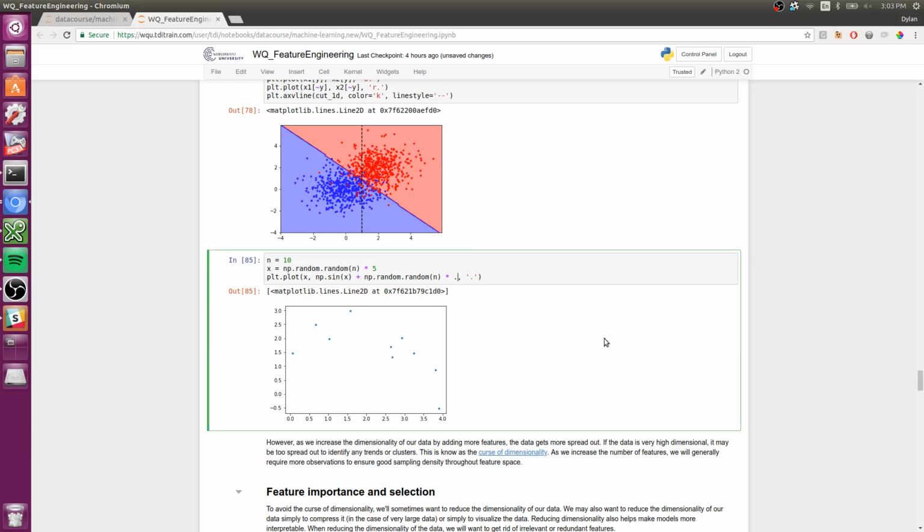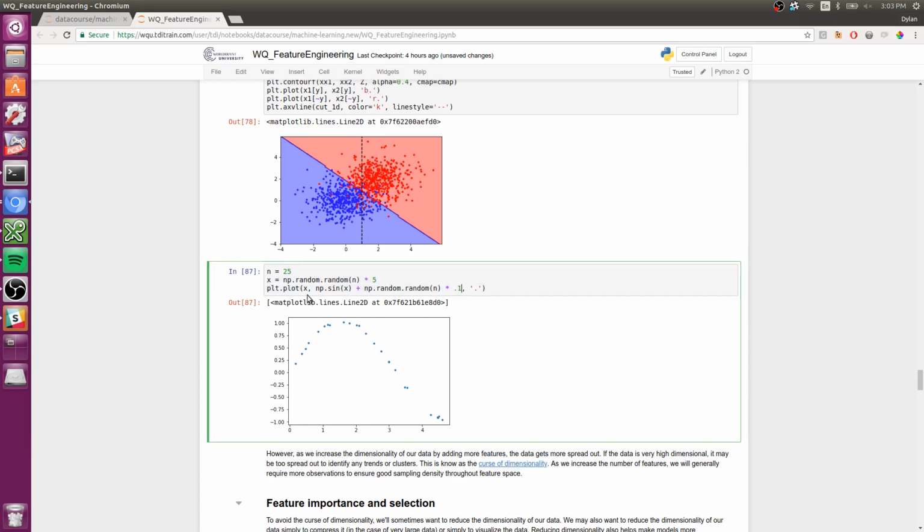If I have less noise, then I need fewer points to see my trend. So here, with less noise, I've turned the noise down to 0.1. After having 25 points, I can start to see this sinusoidal pattern emerge.